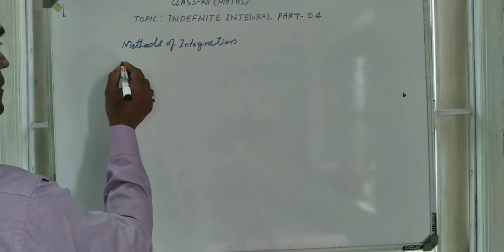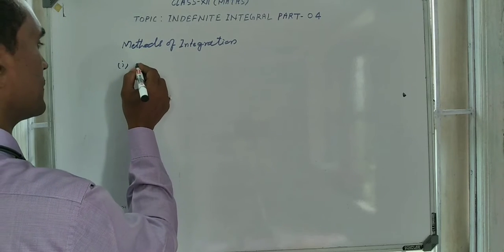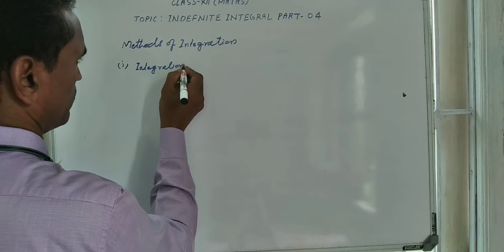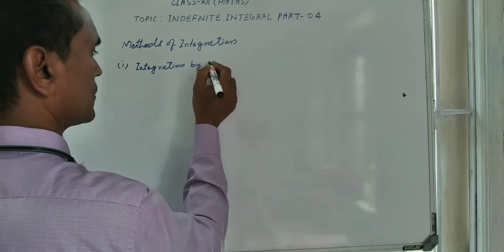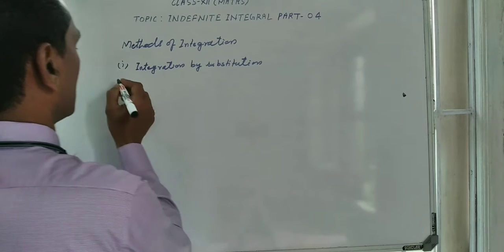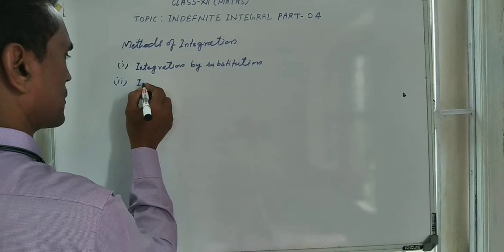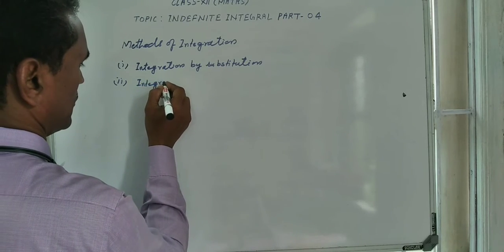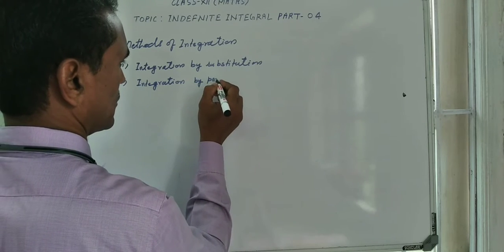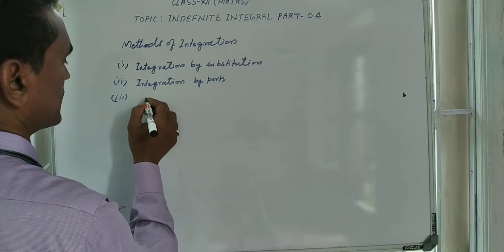So the first method is integration by substitution. Second one is integration by parts. Third and last method is integration by partial fraction.